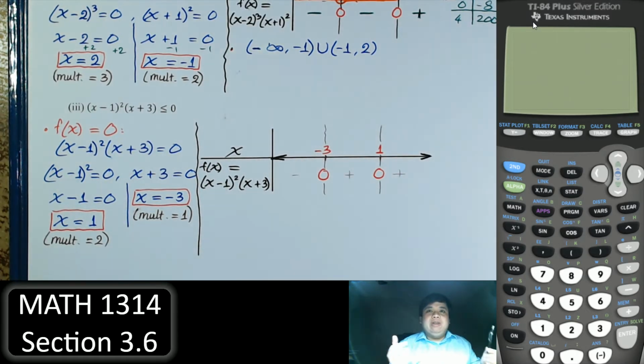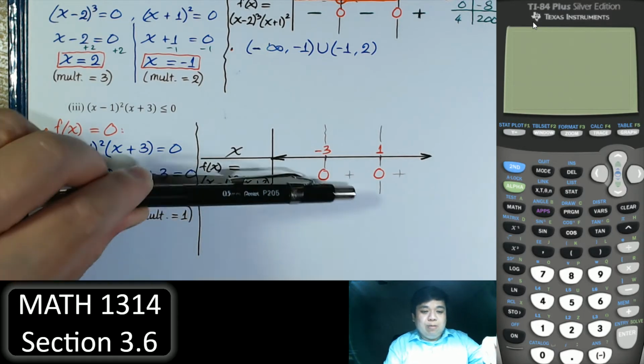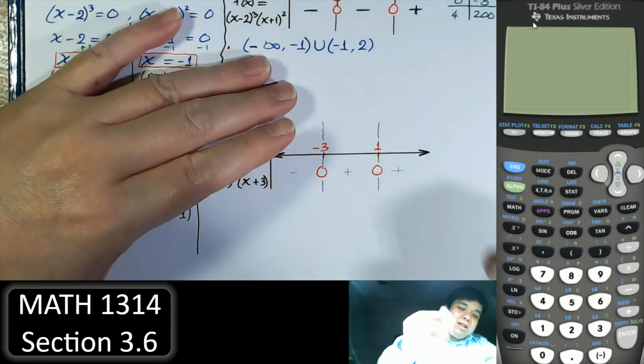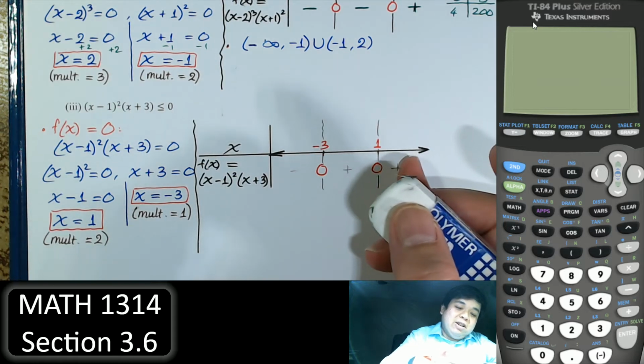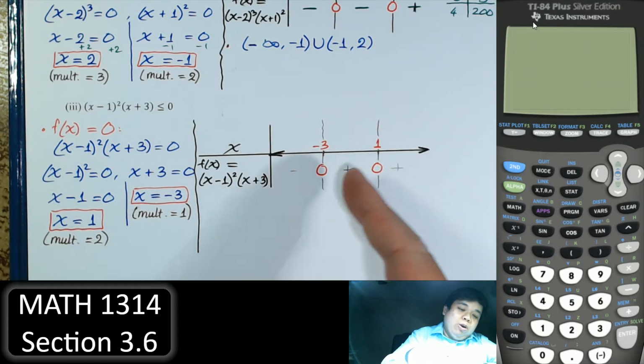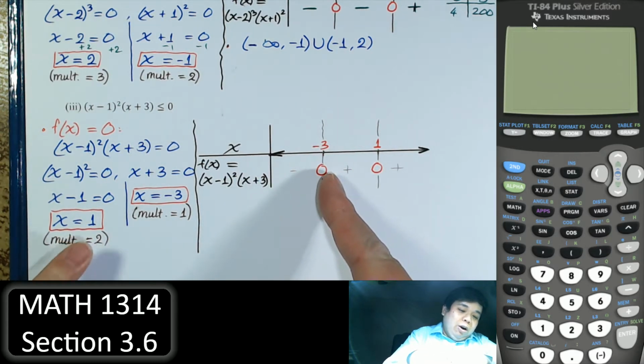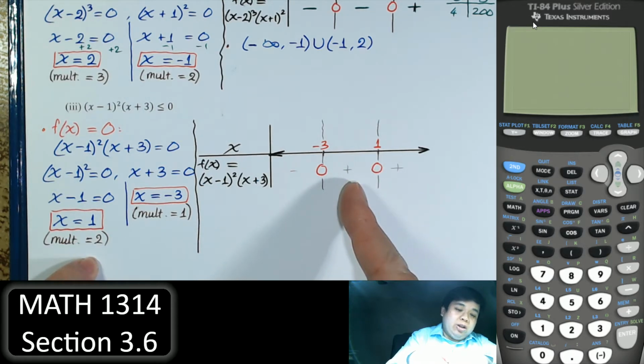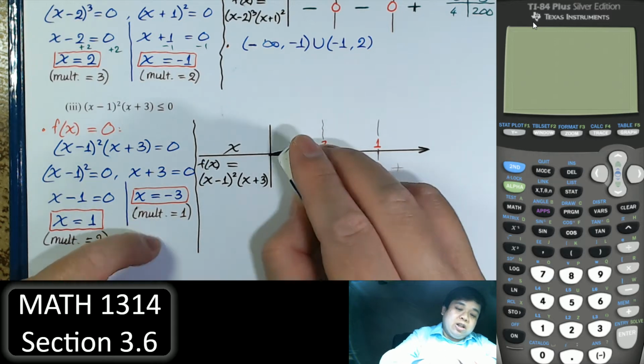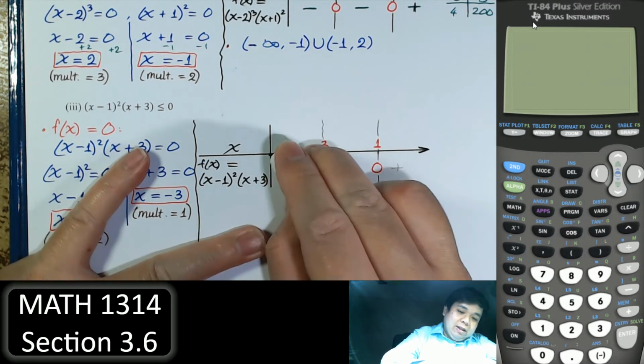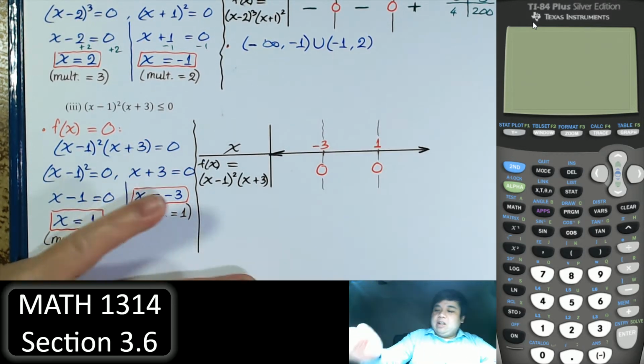So we don't even need the test point. It should be negative, positive, and positive. Once again, end behavior. When we see the even multiplicity, the sign will not change. When we see the odd multiplicity, the sign will change. But the test point is easy enough.